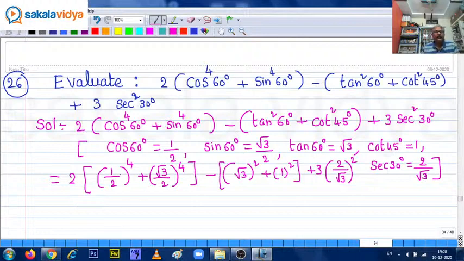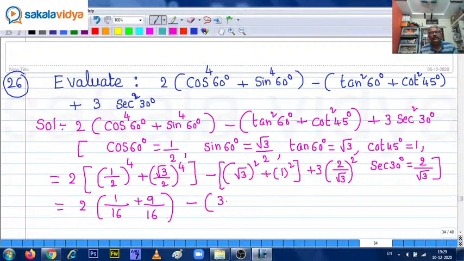Now you get 1 by 2 to the 4 means 1 by 2 is multiplied 4 times: 1 by 2 into 1 by 2 is 1 by 4, 1 by 8, 1 by 16. So 1 upon 16 plus root 3 multiplied 4 times: root 3 into root 3 is 3, root 3 into root 3 is 3, 3 into 3 is 9, upon 16. So minus root 3 square is 3, plus 1, plus 3 times 2 upon root 3 whole square is 4 upon 3.